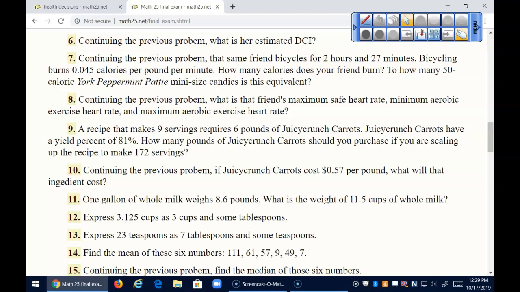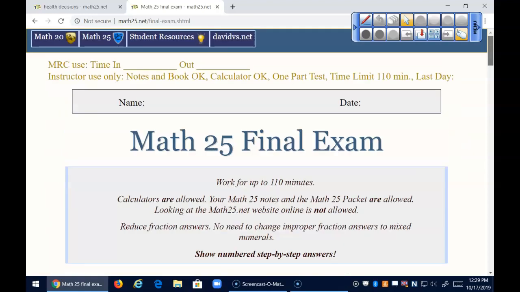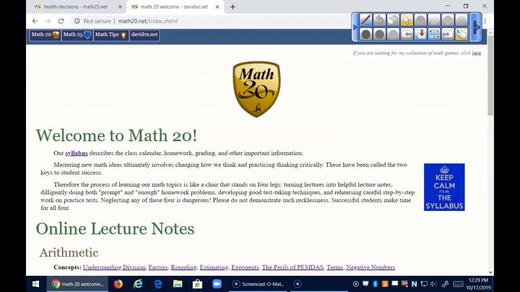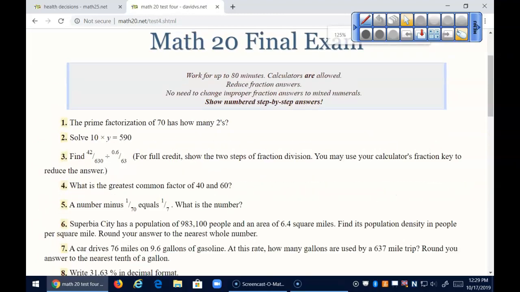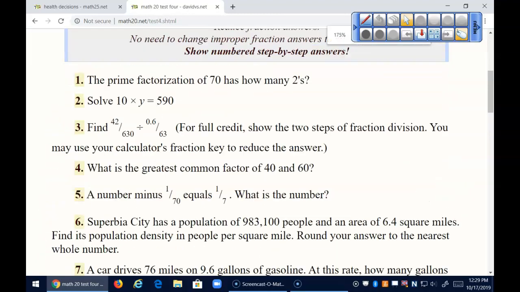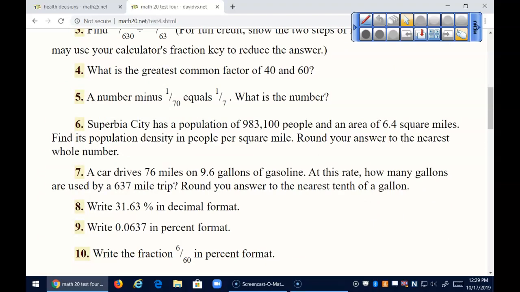Should we do some Math 20 review? Yes, okay. Edwin's been jumping at the chance to come up here, so let's... Okay, any of these we want to do?